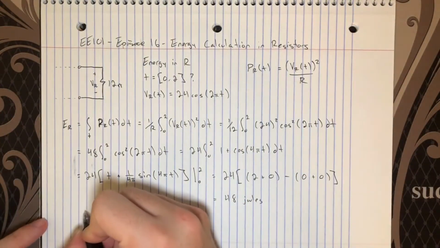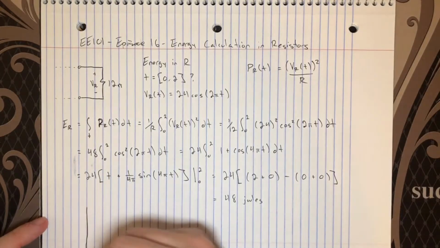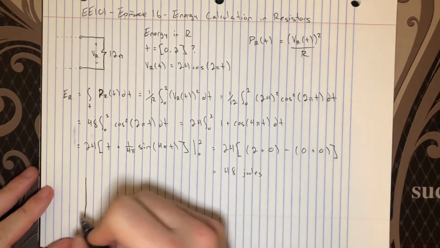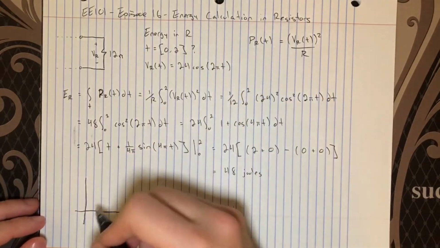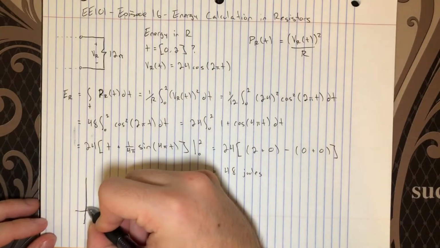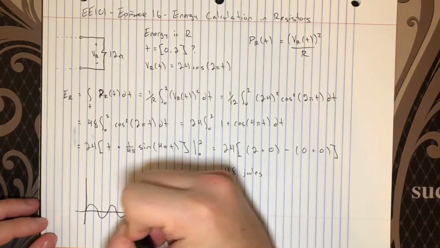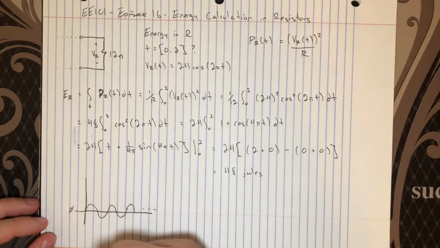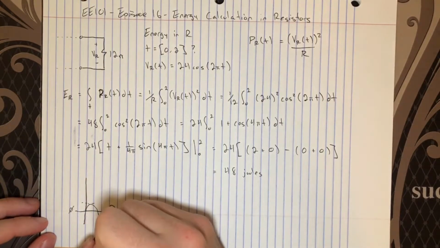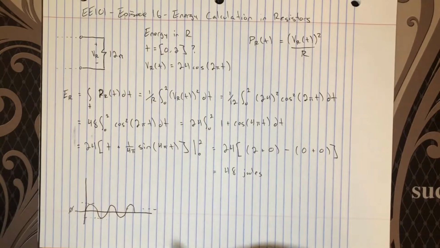Let me make a quick drawing on the axis. This is a sinusoid, going on forever, where this is 0 amplitude, this is some positive amplitude, and this is some negative amplitude.